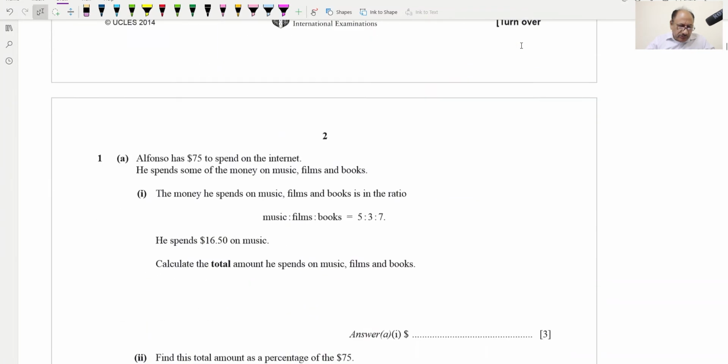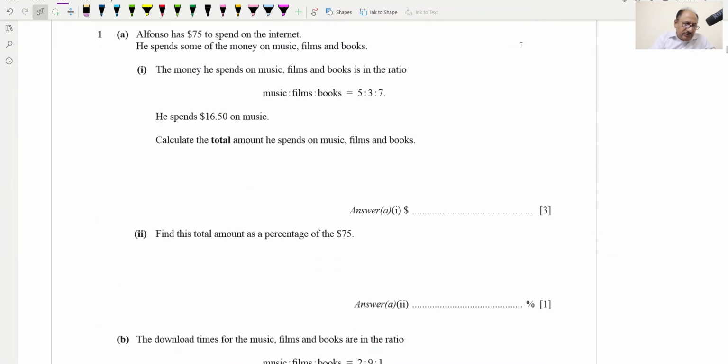Let us move to question number 1. Question number 1, part A, says Alfonso has $75 to spend on the internet. He spends some of the money on music, films, and books. The money he spends on music, films, and books is in the ratio 5:3:7.